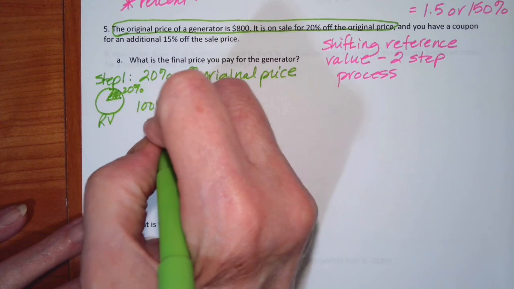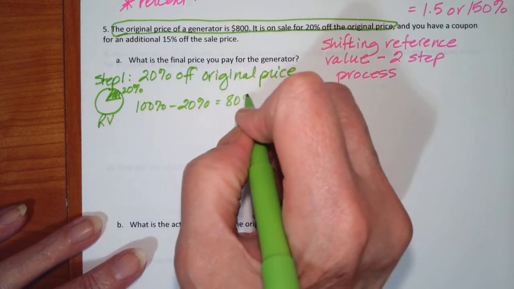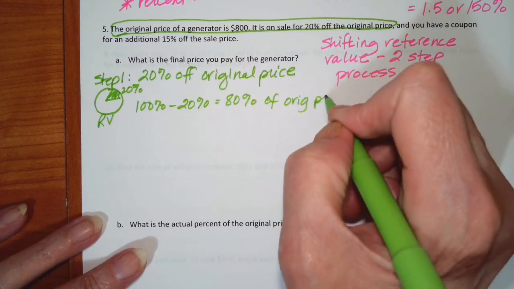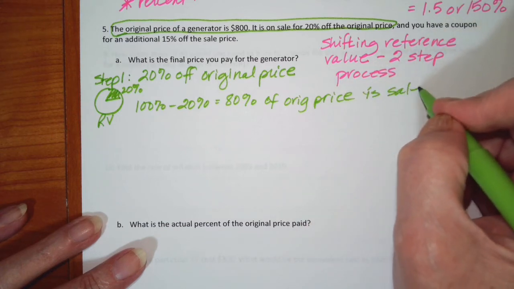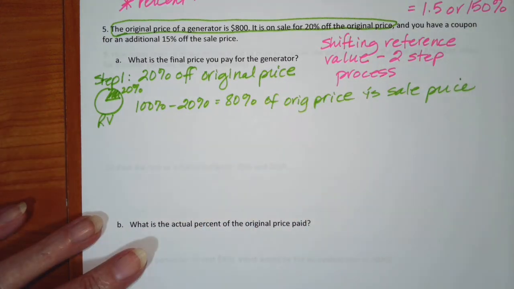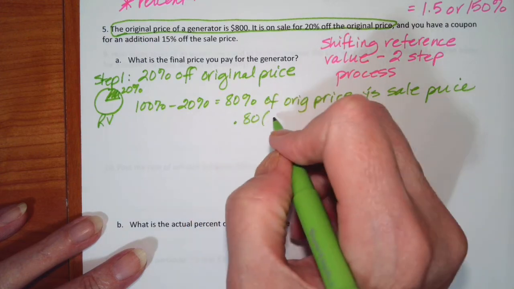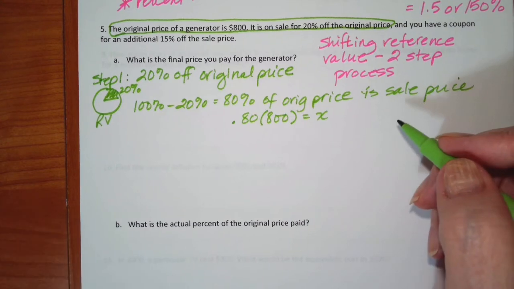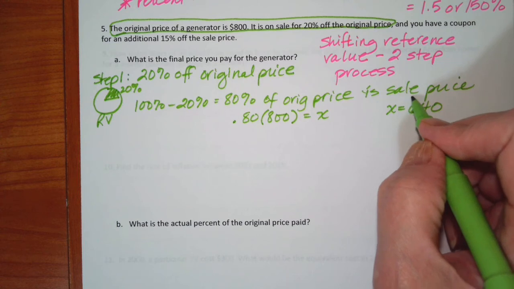So 100% minus 20% is 80% of the original price is the sale price. Okay. If it's 20% off, then I still have to pay 80% of it. So this becomes 0.80 times $800 is equal to X. So X is $640.